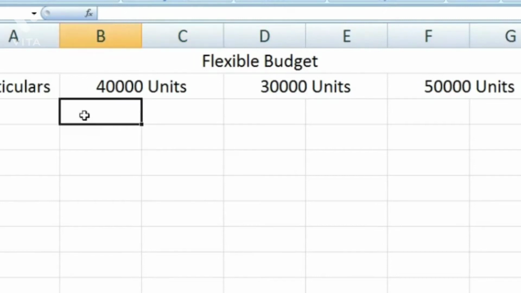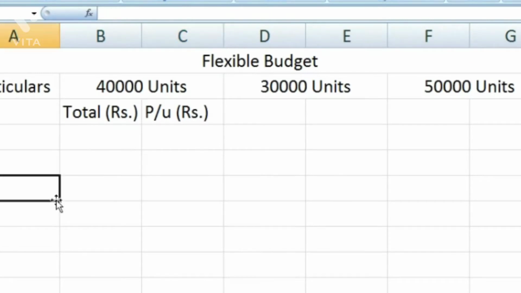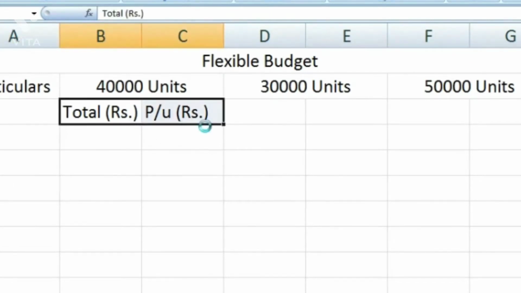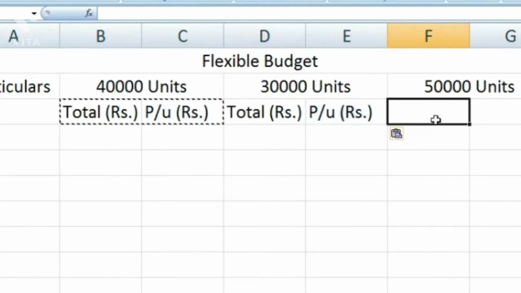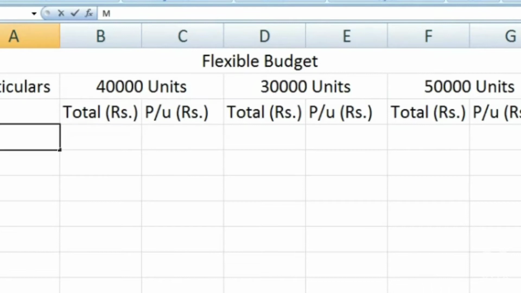And apart from this, here we prepare total amount, total rupees, and then per unit rupees, and the same is in all the columns. Okay, clear. And now how we set the data. So here first is material, as it is given, direct material or raw material.